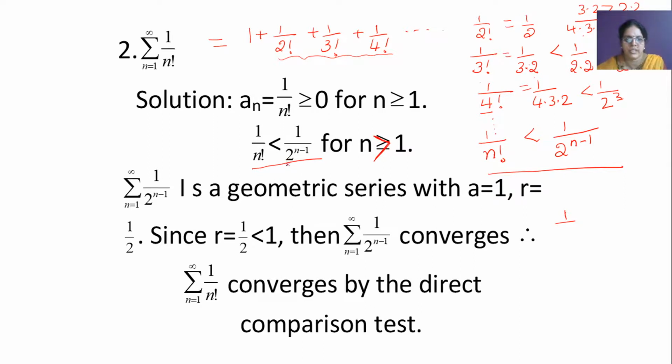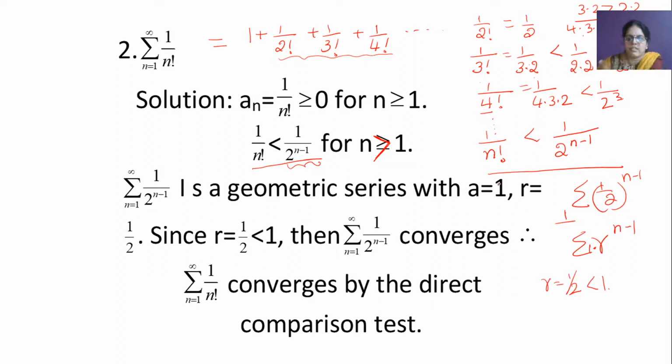And now the right hand side is a geometric series. It is of the type half power n minus 1, and sigma half power n minus 1 is of the type sigma ar power n minus 1 with a equal to 1 and r equal to half. r equal to half means less than 1.